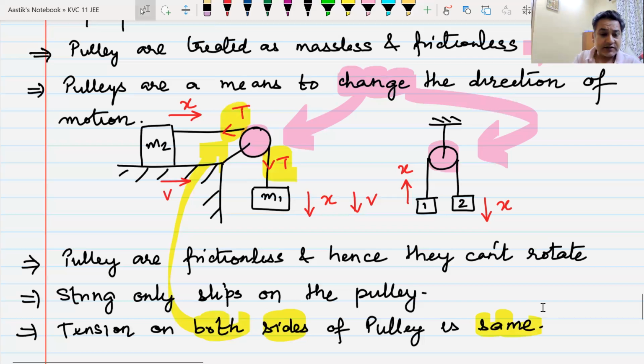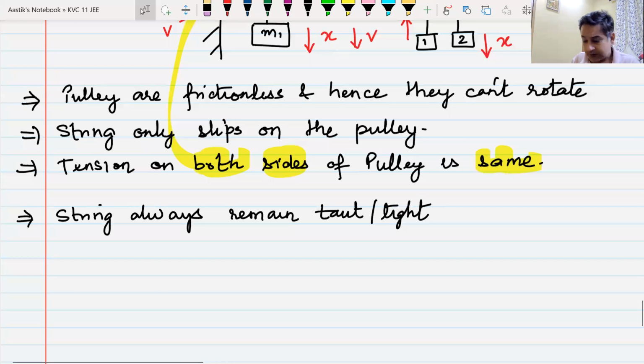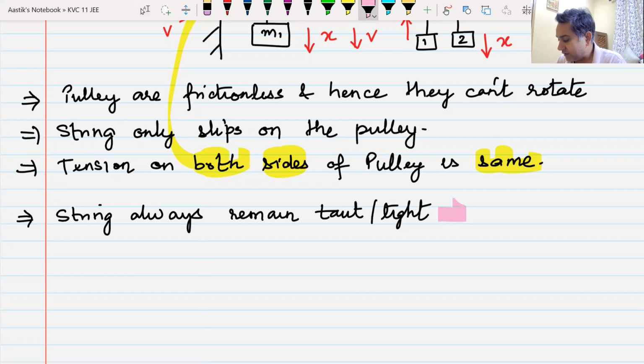When the string remains taut or tight, that simply means the tension in the string never becomes equal to zero. Because if the tension in the string becomes equal to zero, all of the things that we have learned will not be valid. When the string is not taut, it becomes loose, and the blocks can move according to their will.